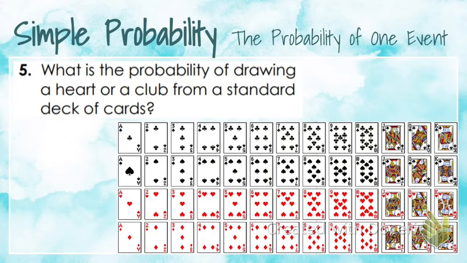So here is a deck of playing cards. There are 52 total cards in a deck. There are 4 suits. So each one of these represents a suit.